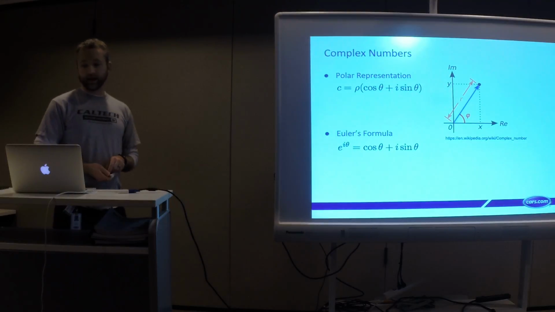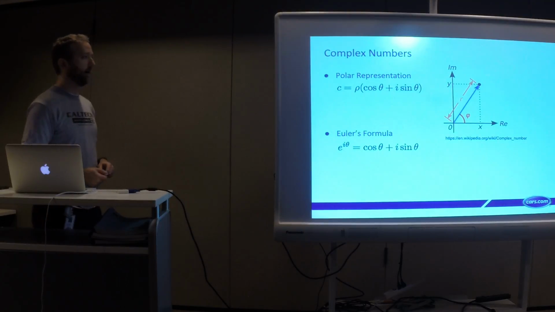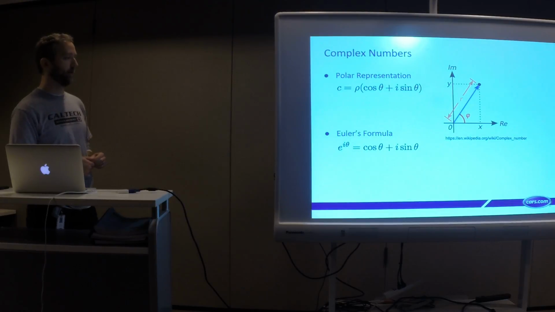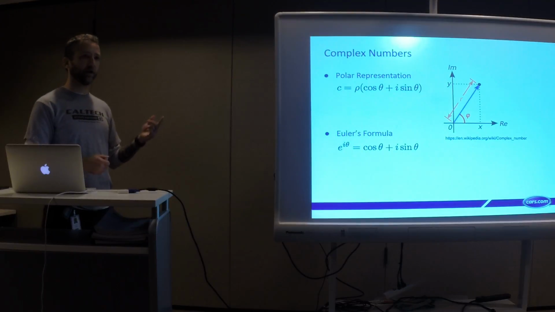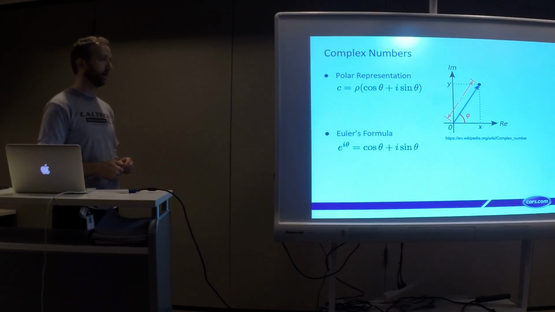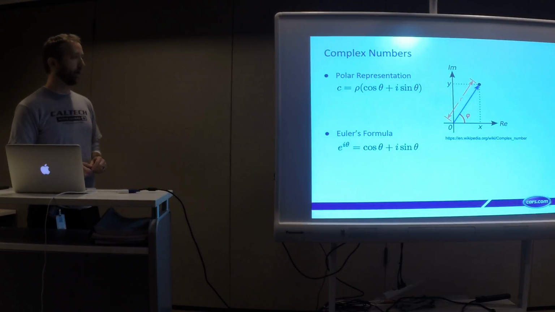Going on with this, we can see the Cartesian representation of a complex number here. We can actually take the imaginary component and the real component and plot them on a two-dimensional coordinate system. We can also represent this not only in terms of the Cartesian x and y coordinates, but also as a polar representation.